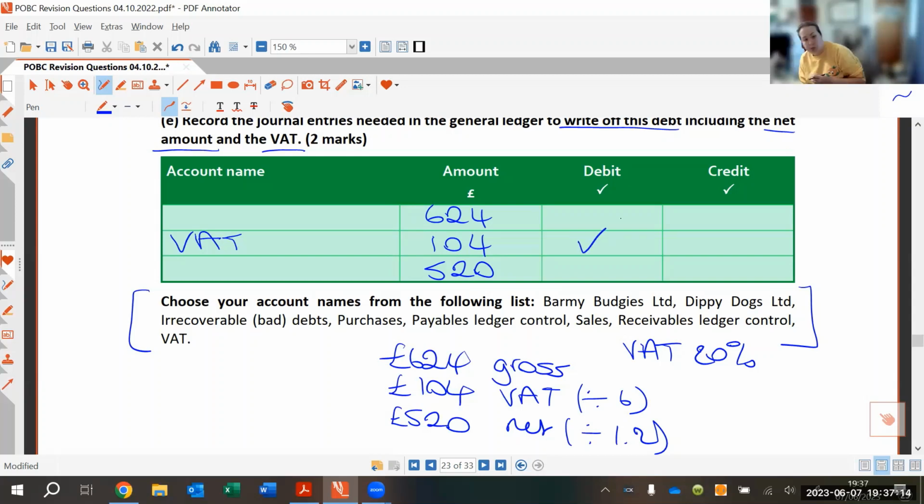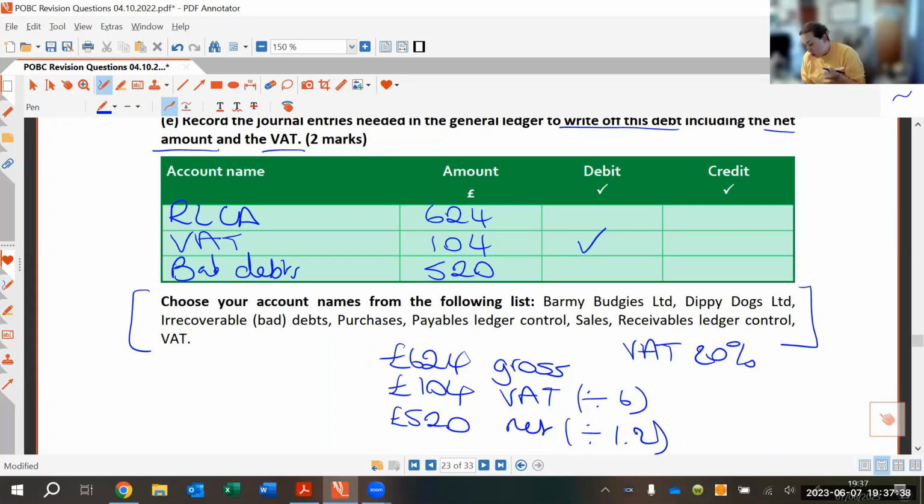Yeah, spot on. The receivables ledger control account gets the gross amount. We're going to write it off from there. And can we remember the account we use for the net? Yeah, spot on. It's bad debt. I'm going to just put bad debt because it saves time and space.